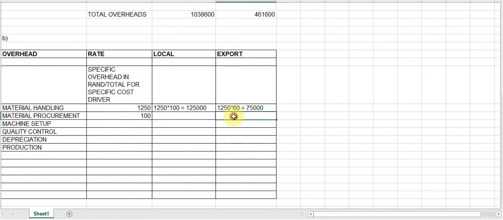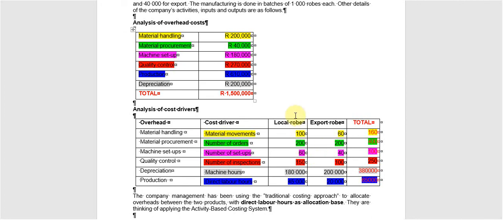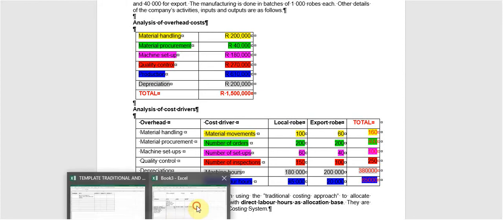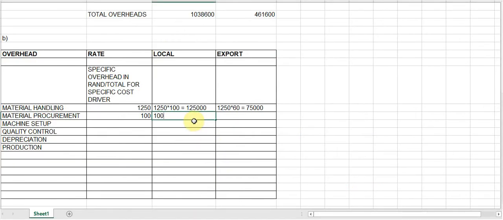I need to times it by each of the cost drivers for the product, and here you can see it was 200 and 200 respectively. So in the memo, I am going to copy the rate to each of the products, and now I need to times it by 200 and again by 200. So if my mathematics isn't too poor, this should give you 20,000.